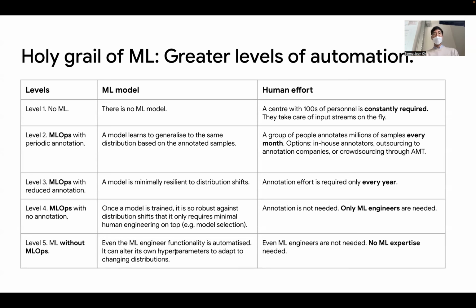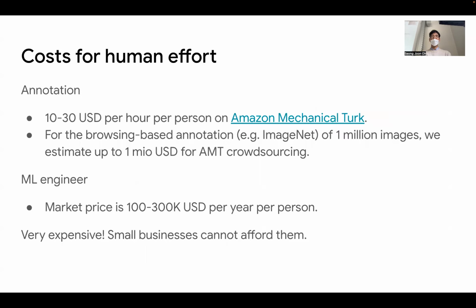And finally, ideally, we can even automate that, and let the model figure out which model to choose. Then we probably don't even need any machine learning engineer. Okay, so that's the general direction that we are trying to go in this domain.